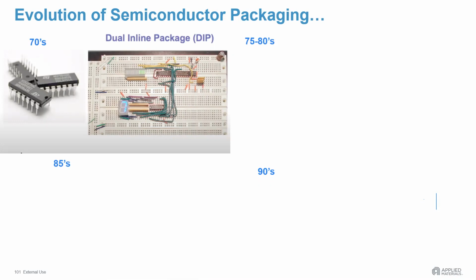The ICs of the 70s that I played with as a hobbyist and in my master's in electronics. This bug-like creature is the father of packaging, the dual inline package. As you can see, the device is put up in a molded package, and there are connections made to these pins or legs.